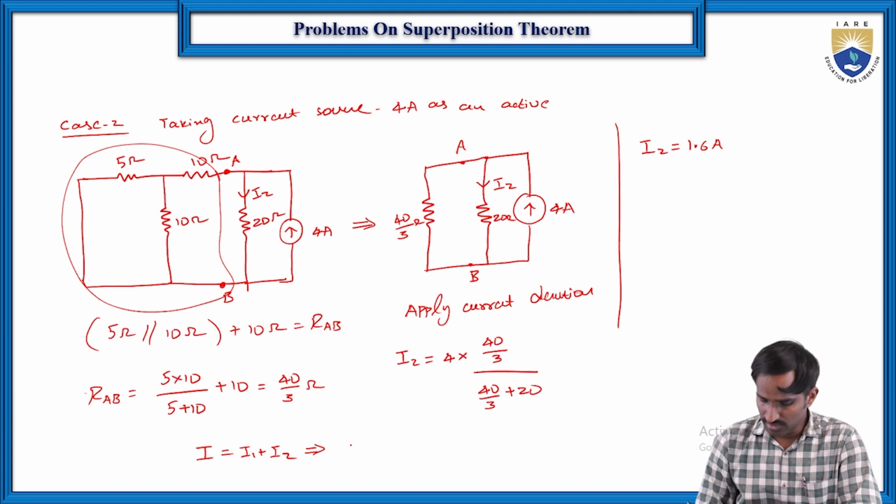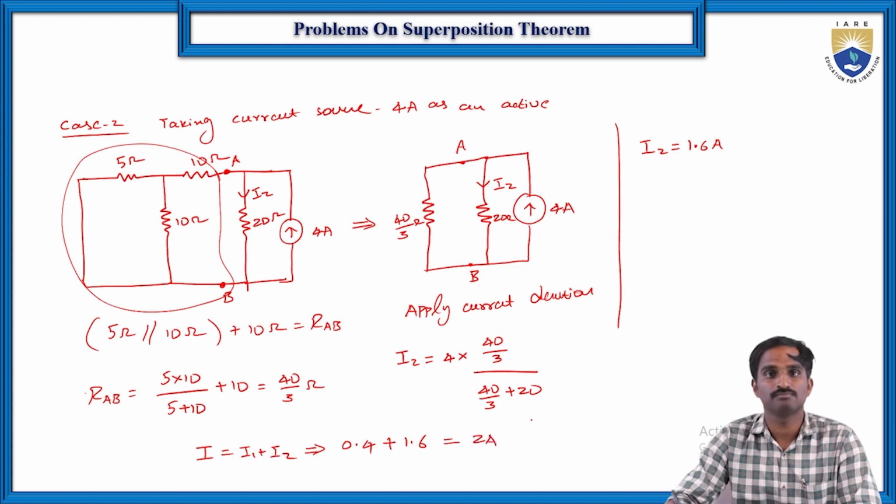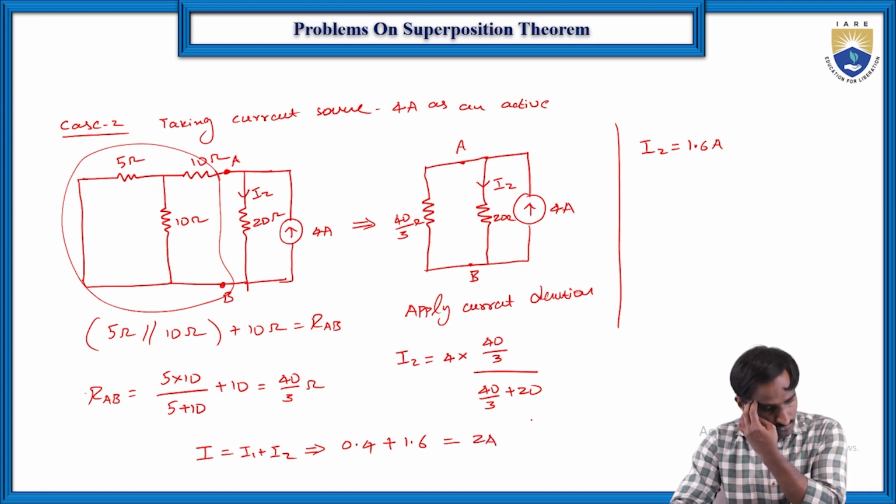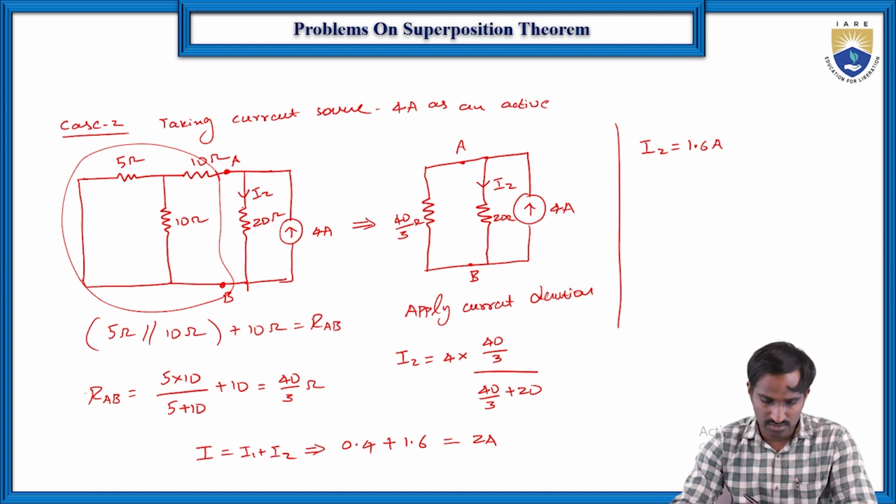In the previous case I1 is 0.4, and I2 is 1.6, so it is 2 amperes. Here the current flowing through this source is 2 amperes. This is the way we can apply the superposition theorem.